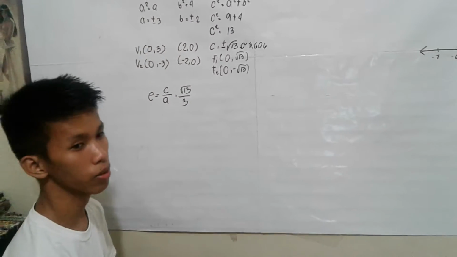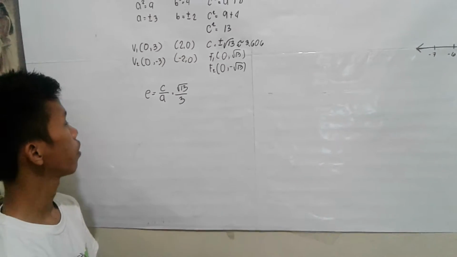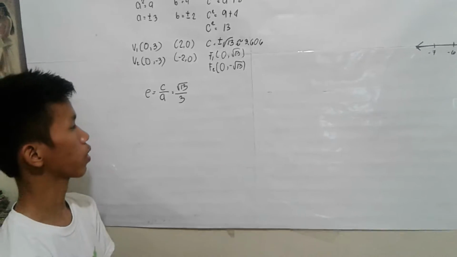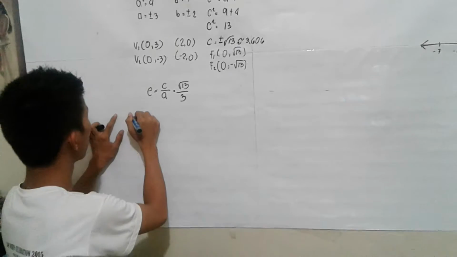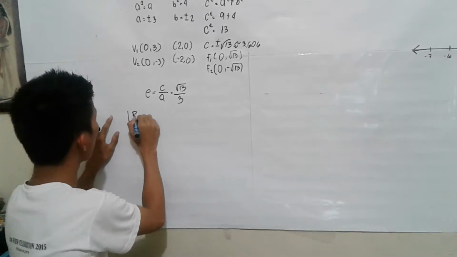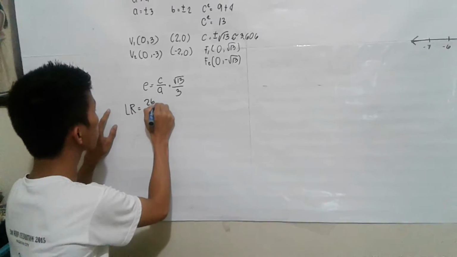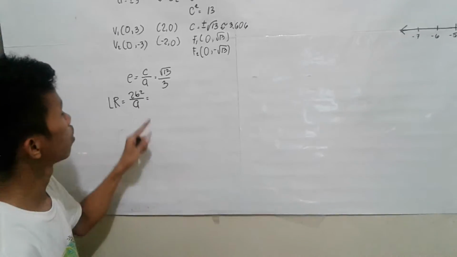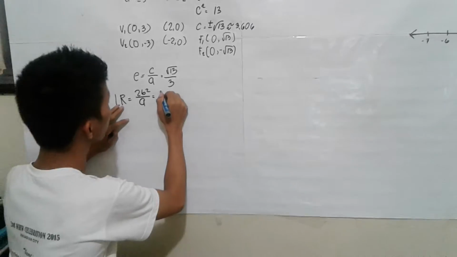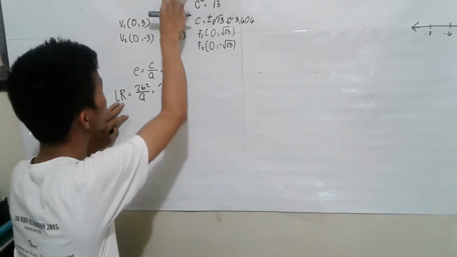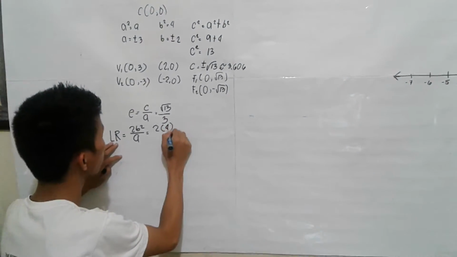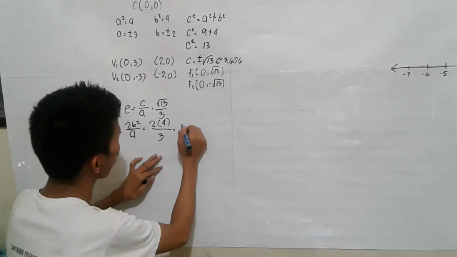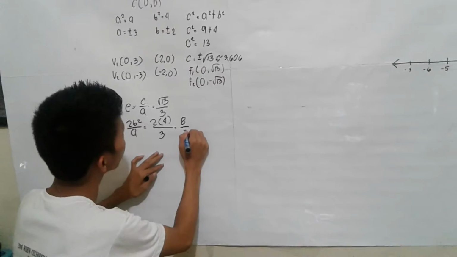Next, let's find the length of the latus rectum using the formula LR is equal to 2b squared over a. Do the substitution: b squared is 4, over 3. 2 times 4 is 8 over 3.